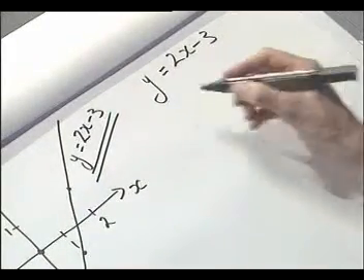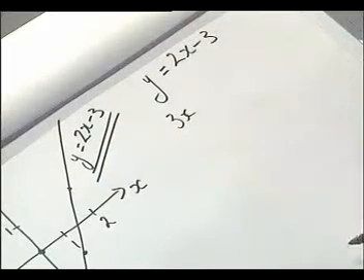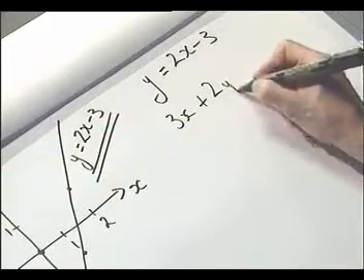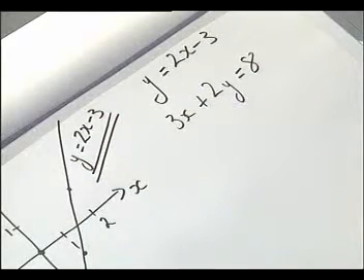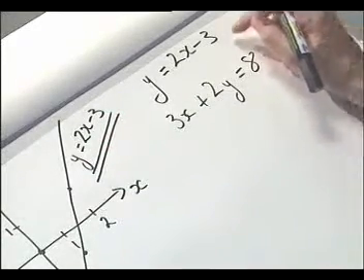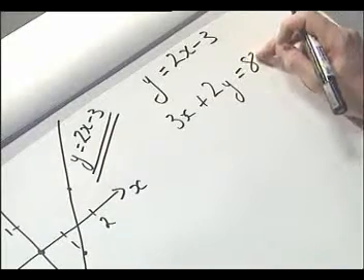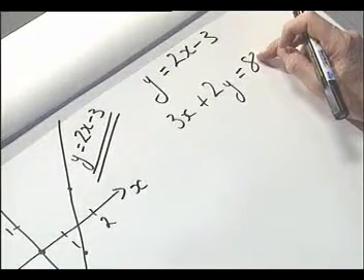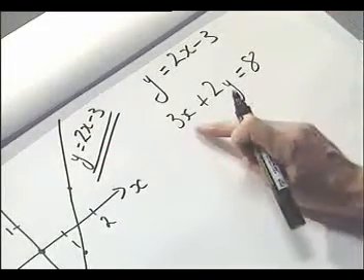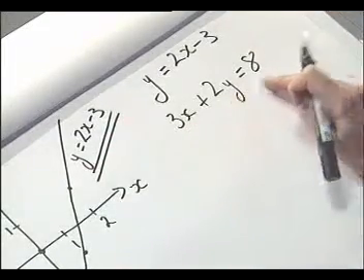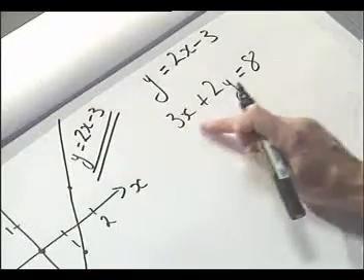Supposing we take a second one, 3x plus 2y equals 8, a second linear equation. And supposing we say these two are true at the same time. What does that mean? Well, we can plot this as a straight line.